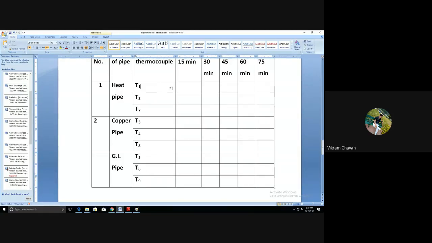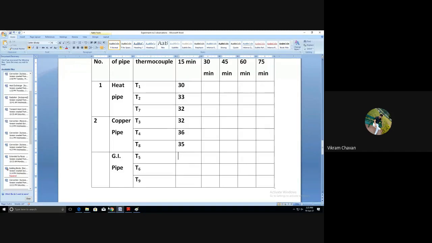Okay, let us say we are getting a temperature of 30 degrees Celsius over here for the heat pipe, T2 temperature as 33 degrees Celsius, and T7 as 32 degrees Celsius. In this case we get a temperature of 32 for the bottom side and 36 at the top side and 35 for the water.